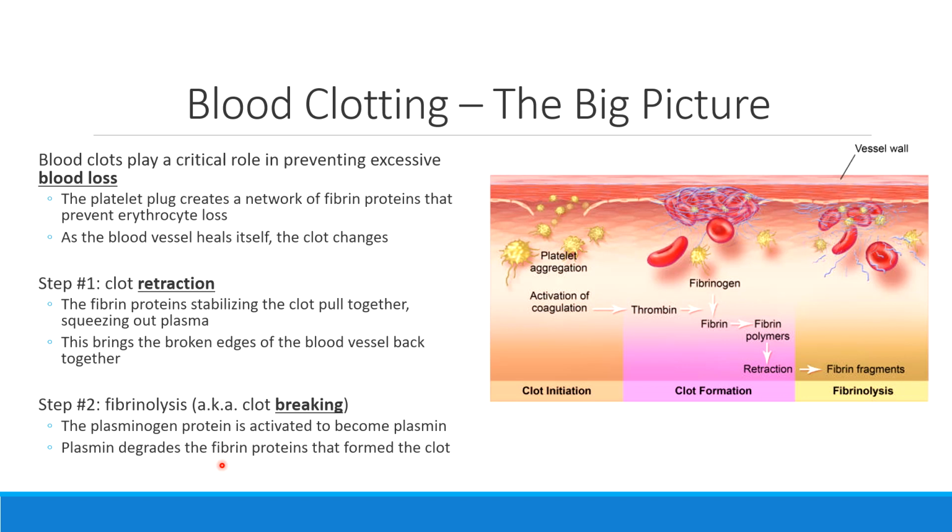Now, let me pause for a moment. I've told you the names and functions of like 20 different proteins, right? Or it feels that way. What I want you to do is make yourself a list on a piece of paper. Write the name on one side of that paper, plasminogen, for example. And on the other side, we're going to write down that it's activated or turned into plasmin.